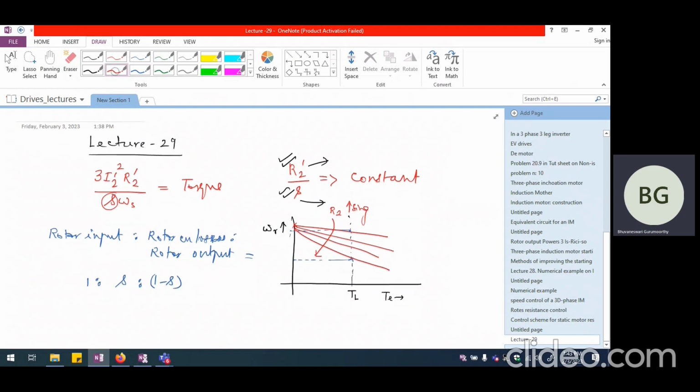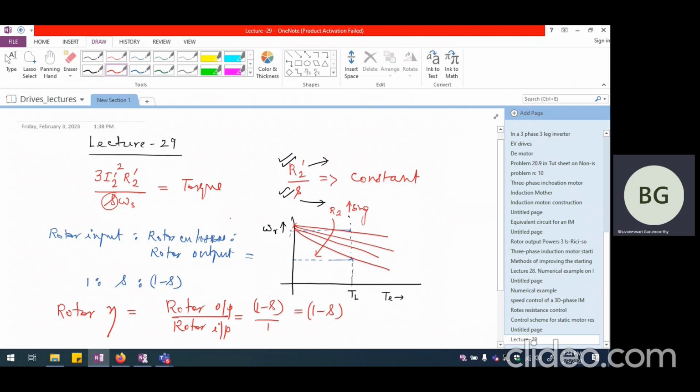If we look at rotor efficiency, that is rotor output divided by rotor input, that is going to be 1 minus S divided by 1. So 1 minus S is the rotor side efficiency.